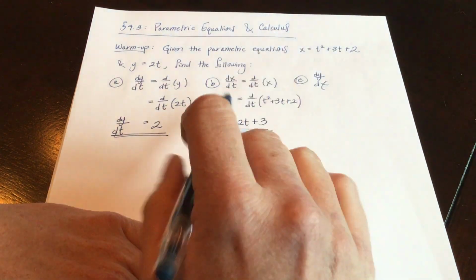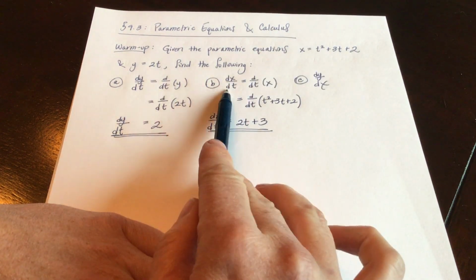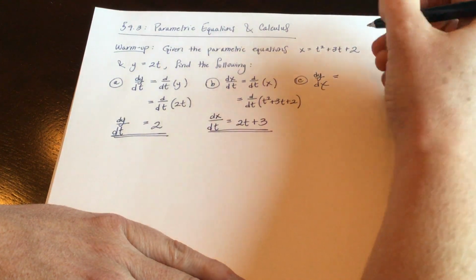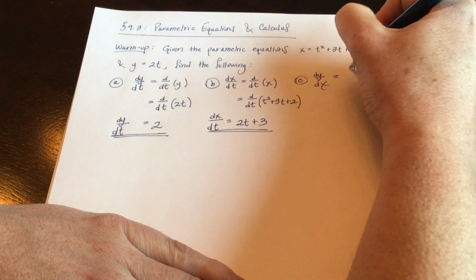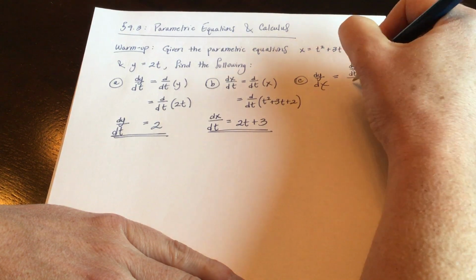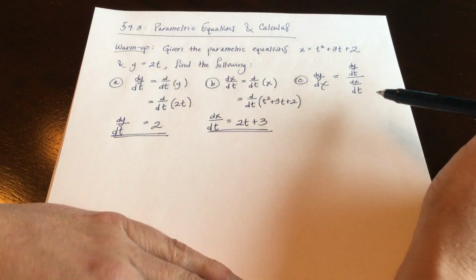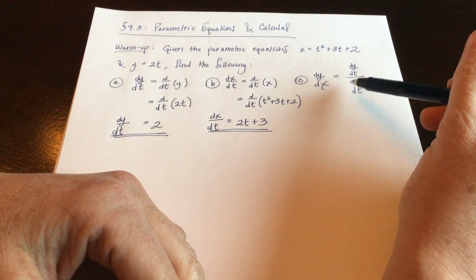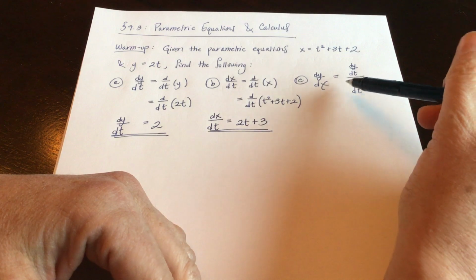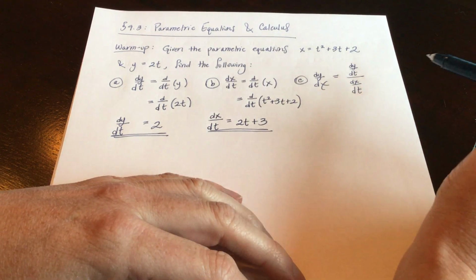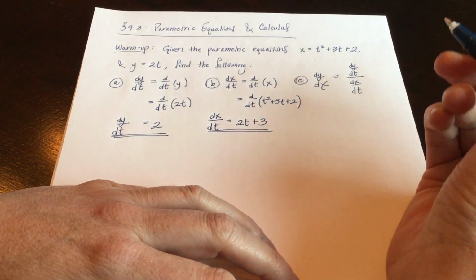And so here's what we're going to do. We're actually going to use dy/dt and dx/dt to get dy/dx. And so this is how. dy/dx is equal to dy/dt divided by dx/dt. And to make sense of that, imagine just a quick flip and multiply. So dividing by dx/dt is like multiplying by dt/dx. The dt's cancel and boom, you've got dy/dx.